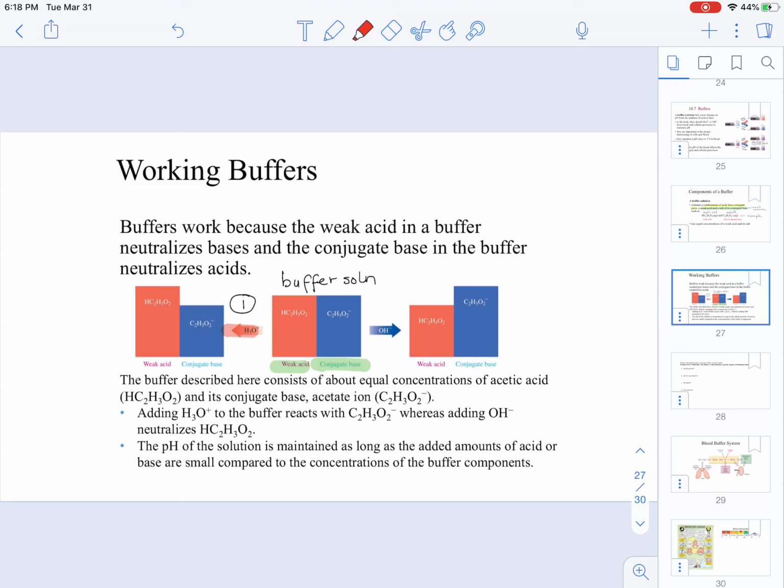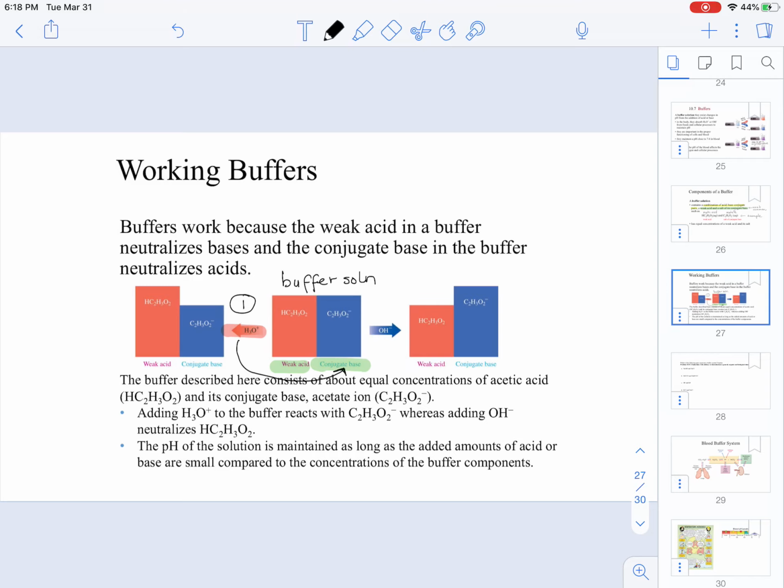When we add acid, the acid interacts with the conjugate base.